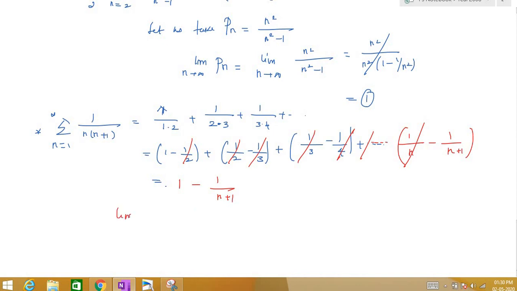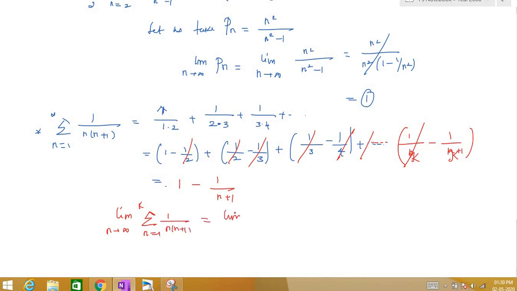So let us say this is the sum of k terms of the series summation 1 by n into n plus 1.